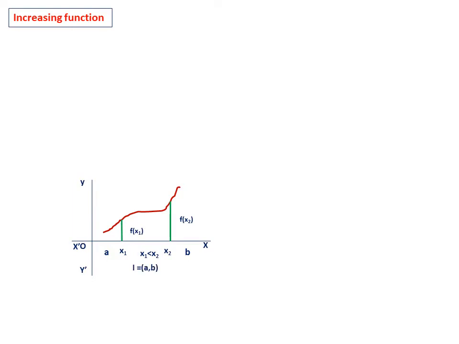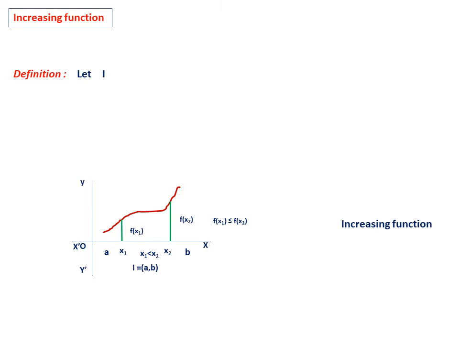Of course we have taken it in an open interval I equal to AB, and what we observe here is f of x1 is less than or equal to f of x2. Equality is also included because sometimes the function may not increase, it may stay equal, that means flat, but still it is increasing because it is not decreasing, it is not coming down. So we call it an increasing function.